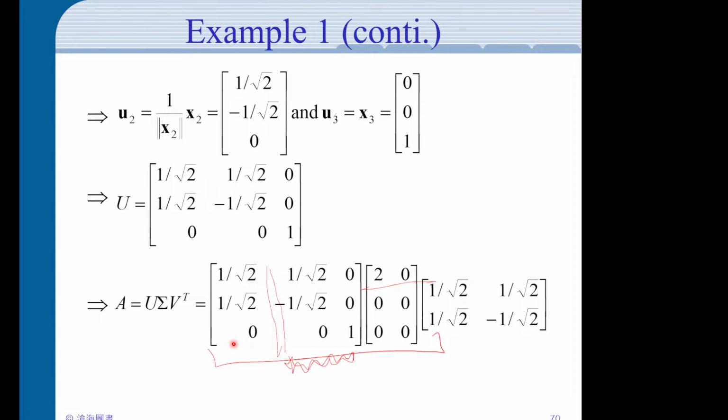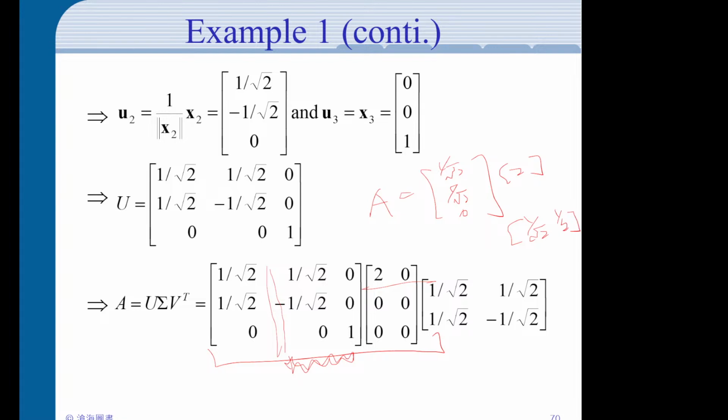So instead of writing all the zeros here, how about we have A just equal to 1 over square root 2, 1 over square root 2, 0, and we have a 2 here, and then 1 over square root 2, 1 over square root 2.